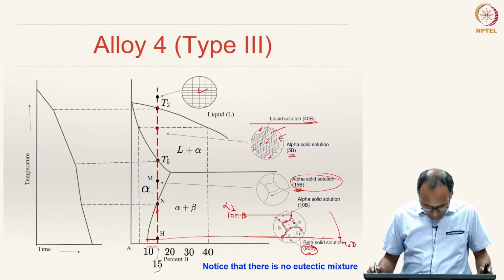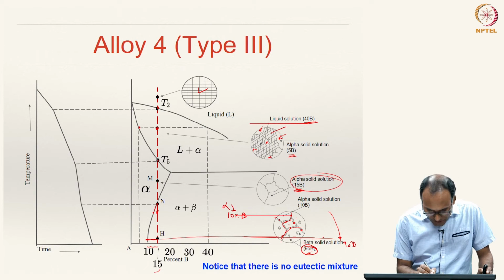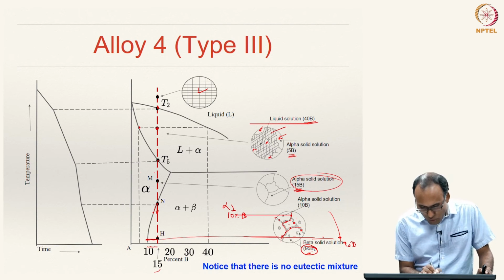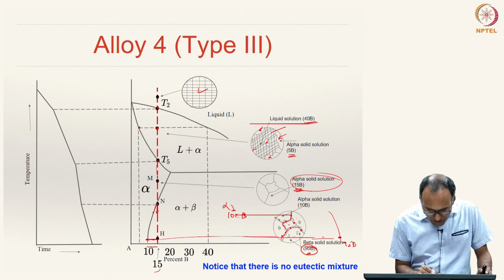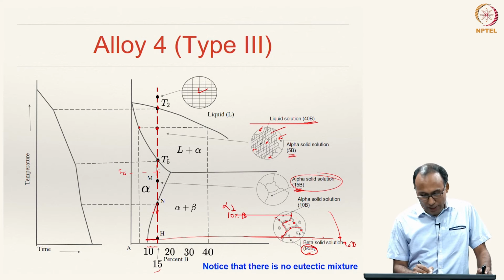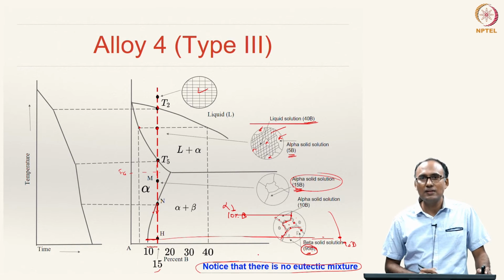And please note that in this particular system, after T5 you are entering a single phase region. Since you are in a single phase region, you do not have a tie line concept. Although you are crossing through the temperature TE, there is no liquid anymore, everything is solid, and there is no reaction taking place. So, that means you do not see eutectic mixture in this particular microstructure.